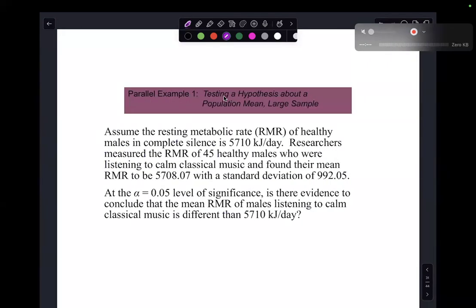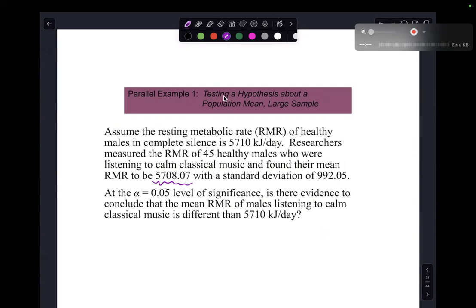Okay, here's a problem. We're assuming that the resting metabolic rate of healthy males in complete silence is 5710 kilojoules per day. The researchers took 45 healthy males who were listening to calm classical music. Their average resting metabolic rate was 5708.07 with a standard deviation of 992.05. We're using an alpha of 0.05.